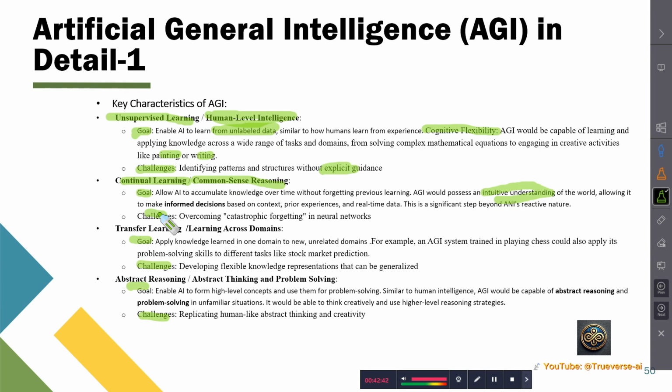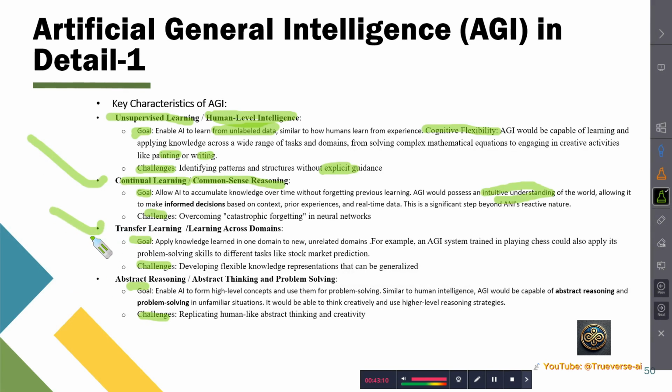Humans can build on previous knowledge and learn continuously without erasing earlier experience. But AGI would need to replicate this process to make intelligent decisions in a dynamic environment, right? Current AI systems, on the other hand, tend to forget previous knowledge. So here it means we don't forget the previous knowledge.